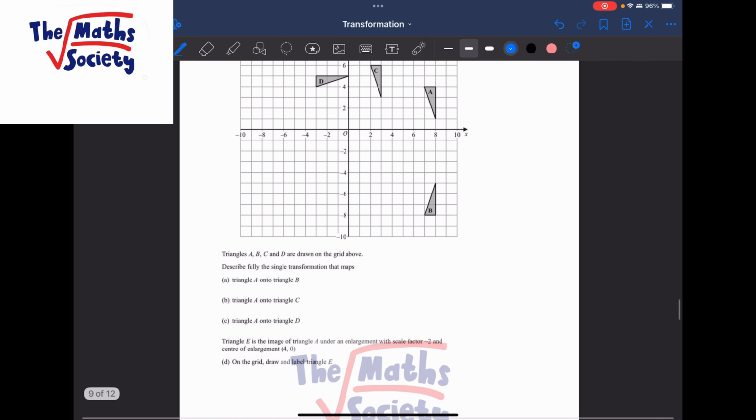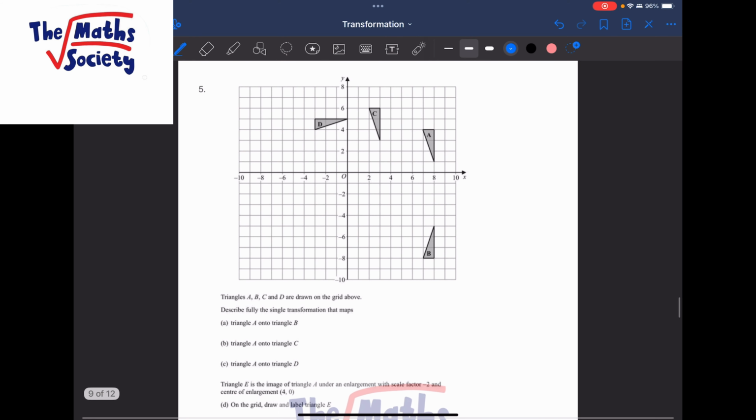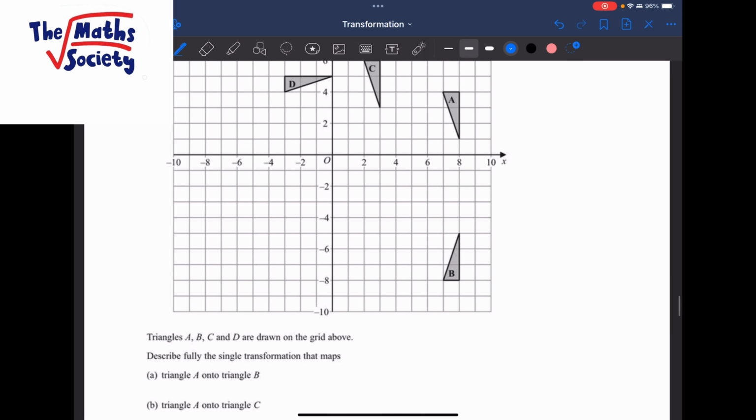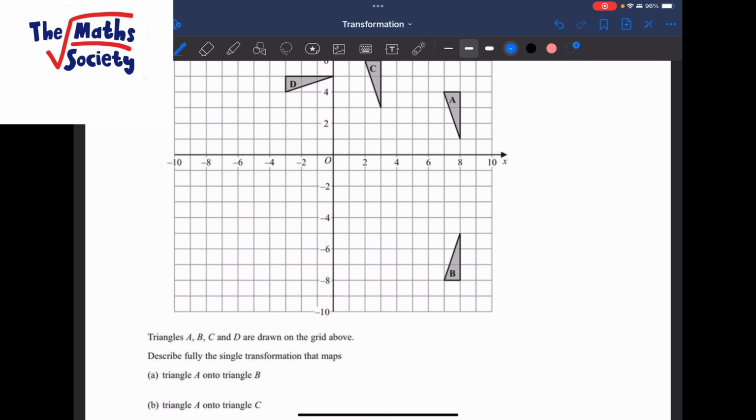And then number 5. It says triangle A, B, and C are drawn on the grid above. Describe fully the single transformation that maps triangle A onto triangle B. A to B. We can see that it actually looks like they're being reflected. So we just need to find where is the center of reflection. You can actually count the grids, which you would see like 1, 2, 3, 4, 5, 6.